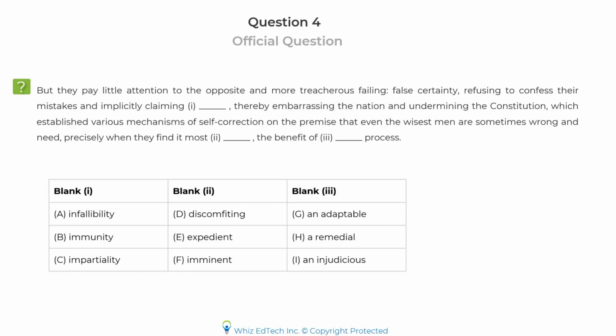For example, in the previous question, we had the word dissolute. When you're learning the word dissolute, you would just say dissolute, this is the meaning, and try to mug it up. Not like that. Look at a sentence, see how it is used, and then associate it with something that you know. Say, for example, the dissolution of the problem. Dis plus solution, so you are basically finding a solution to the problem.